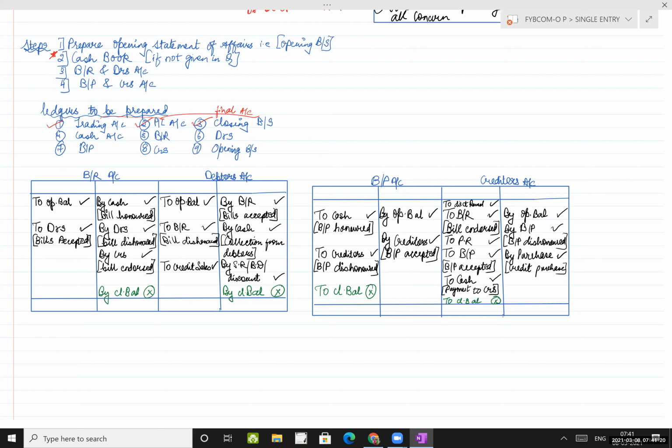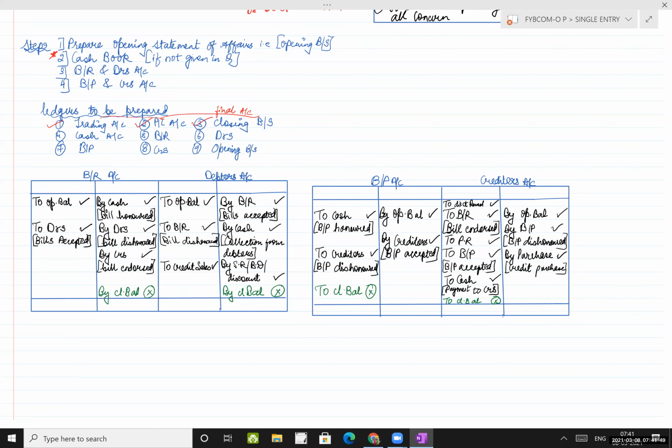Single entry is all about converting your single entry system, that is one effect, into two effects. When I say two effects, I am doing my finalization of accounts. So final accounts come into picture: trading, P&L and balance sheet. So in a nutshell, in single entry system of bookkeeping, you have to actually do final accounts.